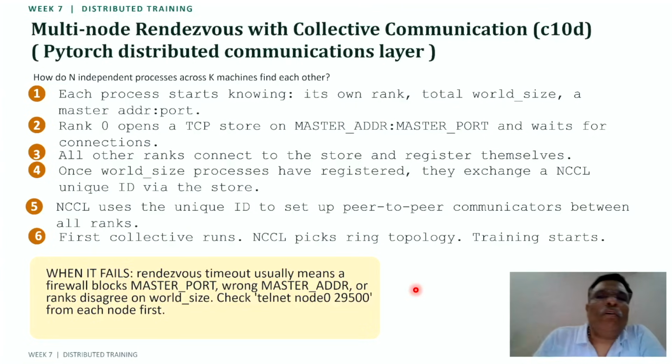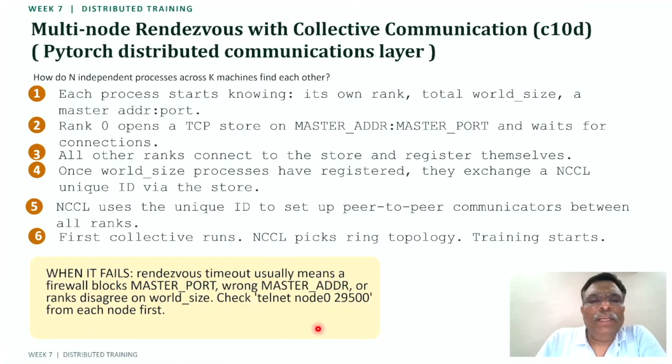Here a process starts by knowing its own rank, the total world size, and a master address and port, right? And then you have to have a ring topology. The training starts with peer-to-peer communicators between all the ranks, and then you have this TCP store to connect, and then you will have to use telnet and number the nodes uniquely, and then link those nodes specifically.